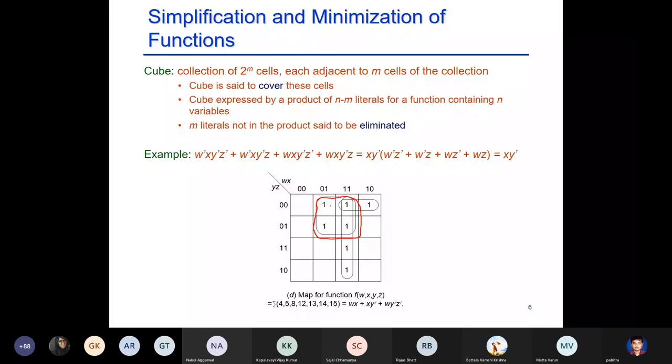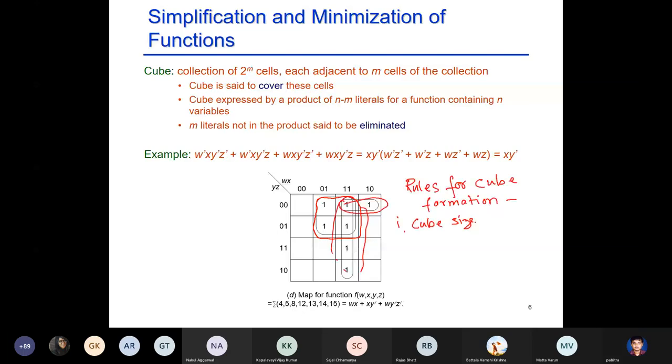Secondly, all the true minterms have to be covered by at least 1 cube. It may be covered by more than 1 cube, but at least 1 cube has to cover it.